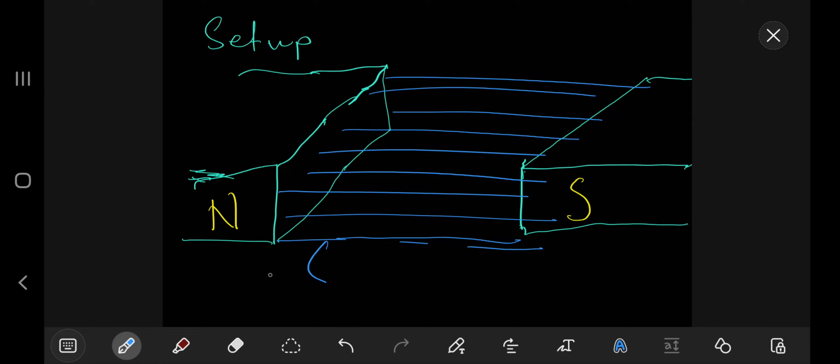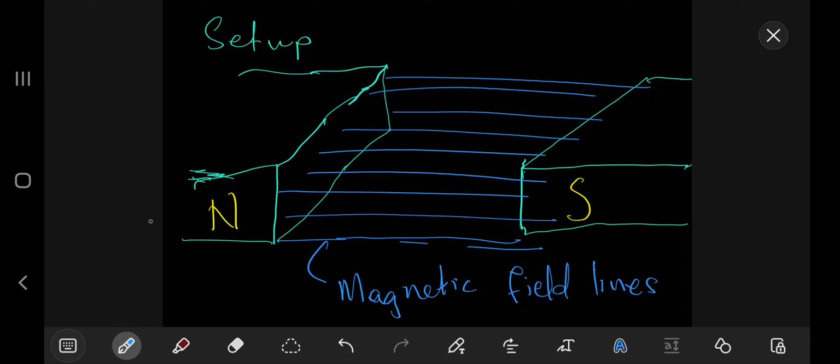And these lines that we use, we call them magnetic field lines, right? So it represents that between the north pole and the south pole of a magnet there is what we call a magnetic field. But the magnetic field we cannot see with our naked eyes, but we can represent it on paper using magnetic field lines, right?